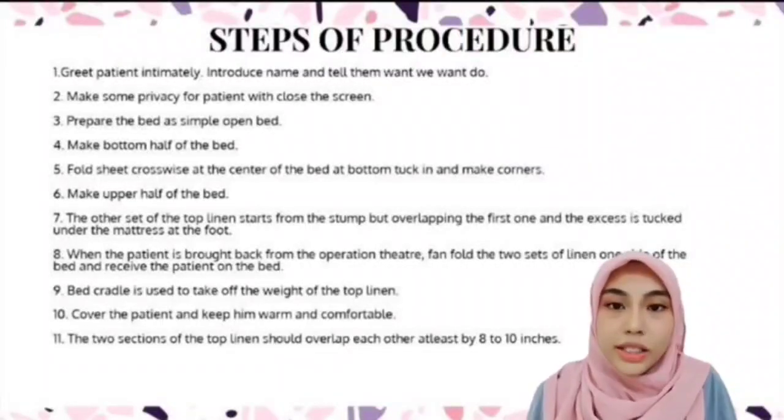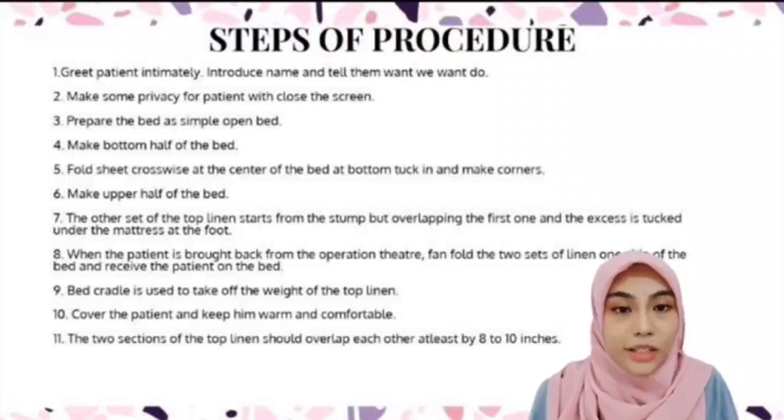Bed cradle is used to take off the weight of the linen, cover the patient and keep him warm and comfortable. The 2 sections of the top linen should overlap each other by at least 8 to 10 inches. That's all from me. Thank you.